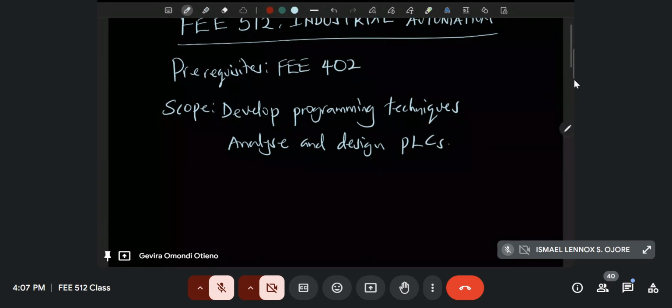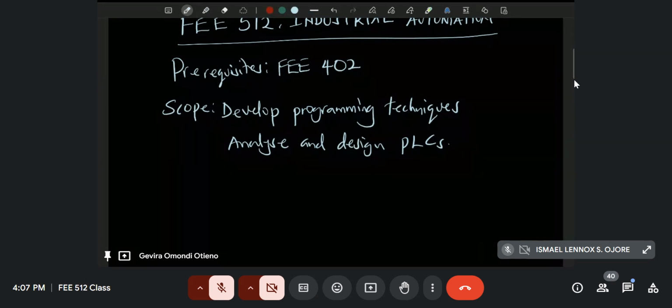So we'll need to develop efficient PLC programs. We'll need to design the controllers for given industrial processes.